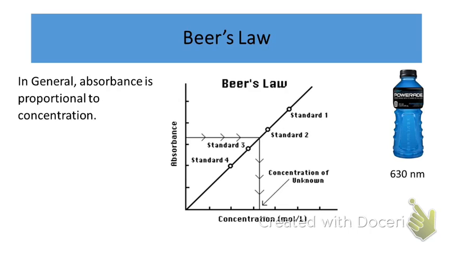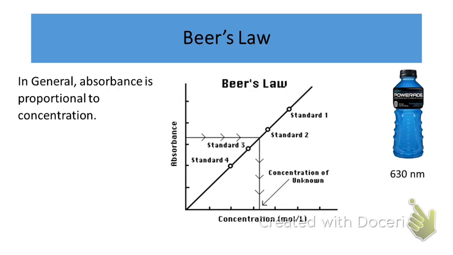But to determine the unknown concentration, we need to have a Beer's law graph that allows us to determine that unknown concentration.